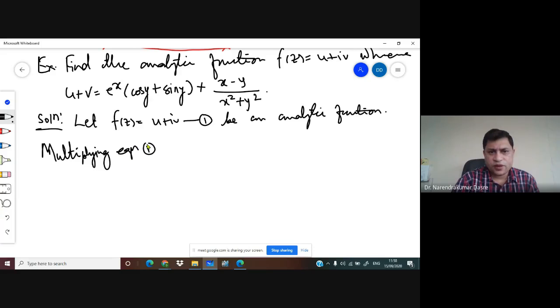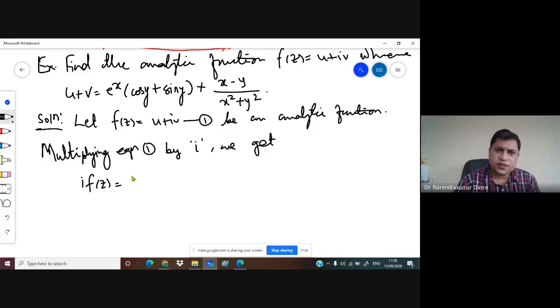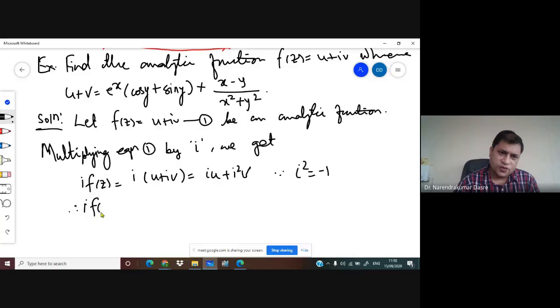Multiplying equation 1 by i we get i into f of z is equal to iu plus i square v. Since i square is equal to minus 1, so I can write this as i into f of z is equal to minus v plus iu, equation 2.